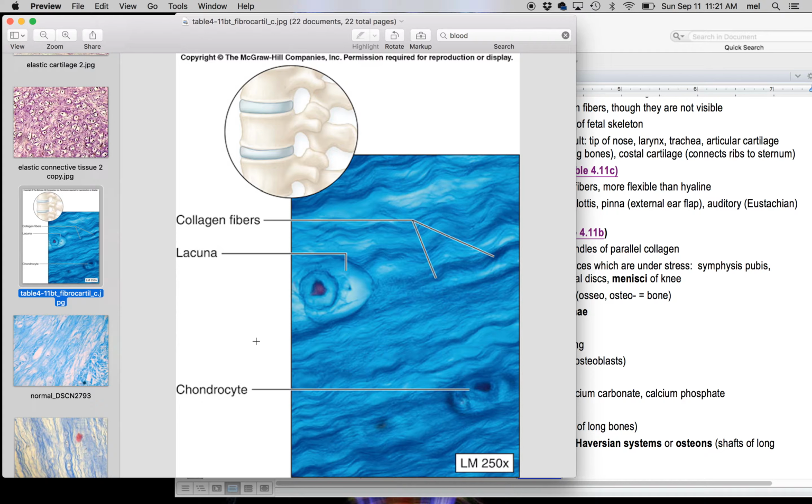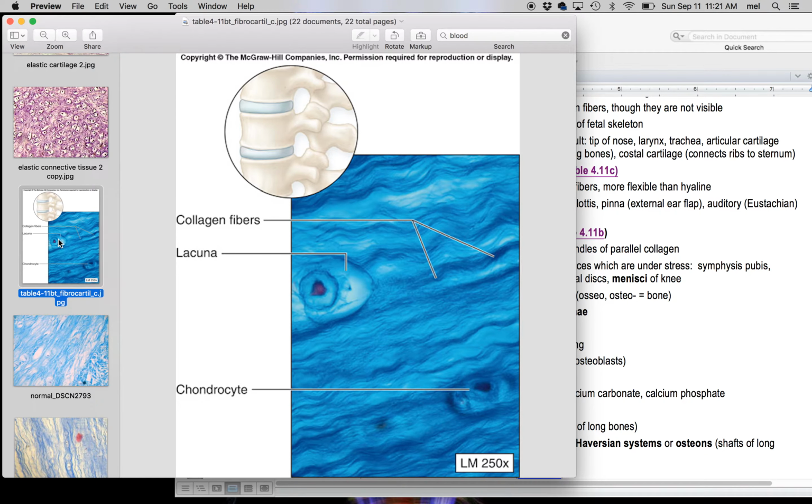And also there's an extra pad of fibrocartilage in your knee, in addition to the typical hyaline cartilage that's found at almost all joints. Your knee has an extra 2 pads of fibrocartilage called your lateral and medial meniscus.